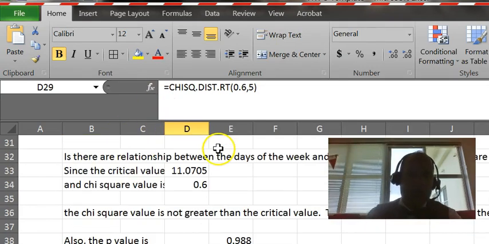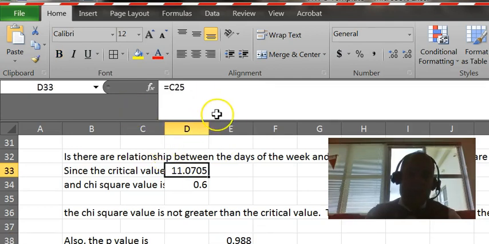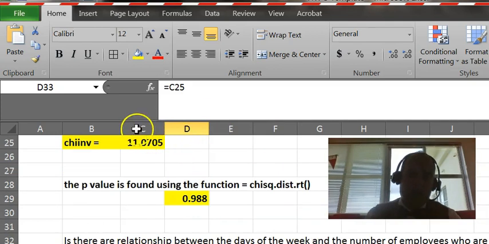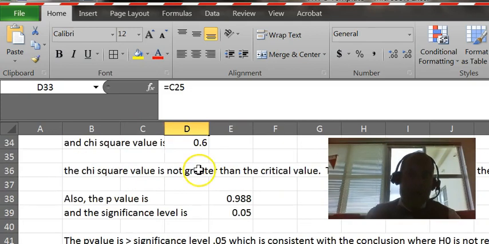So guess what you need to do? Again, we always compare our calculated chi-square value against our critical table value. We see that it's smaller than that, so that means it's not significant. Also, we see that our p-value is 0.98, which is obviously much bigger than 0.05. Again, not significant. Do not reject the null.